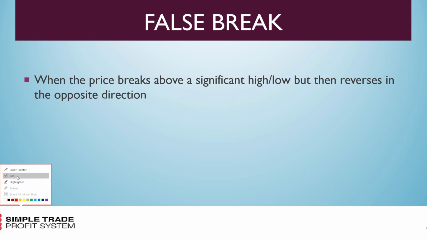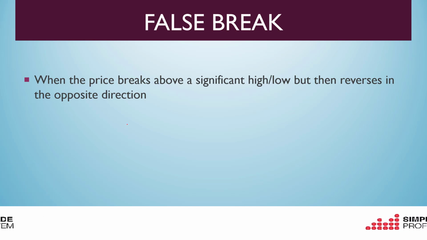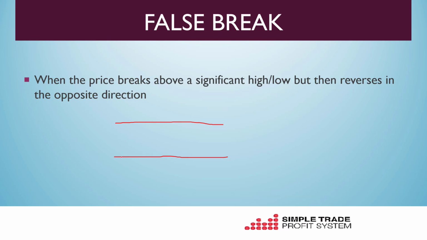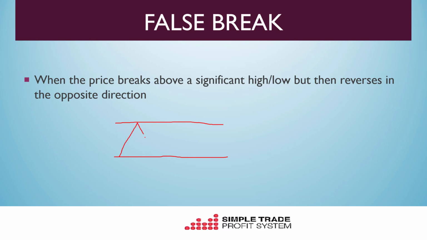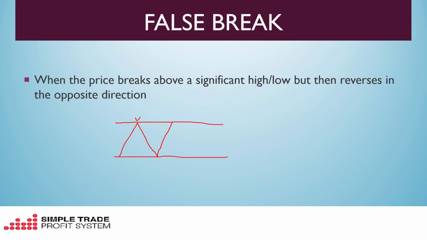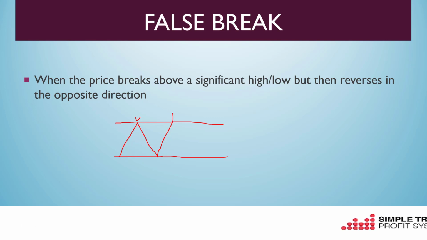And so, let me draw something. I'll show you guys what I mean. So let's say price is in a range. It's moving up, moving down. A false break would be it moved up, broke this high, broke the resistance line, came up here, but then quickly moved right back down to the range.